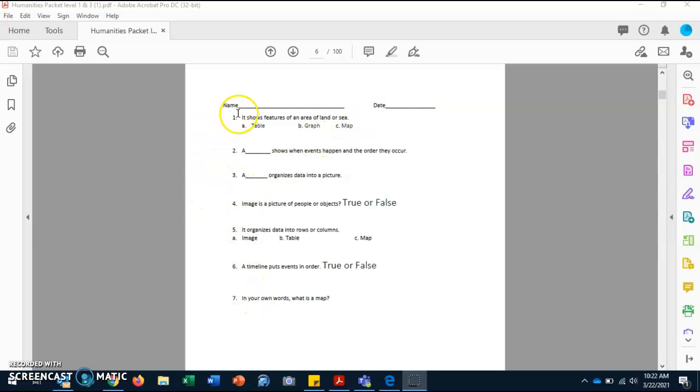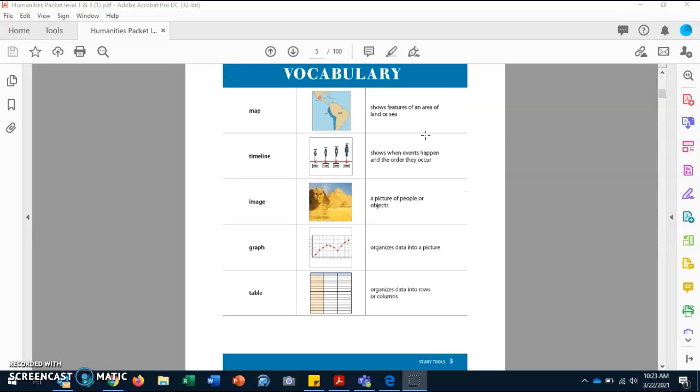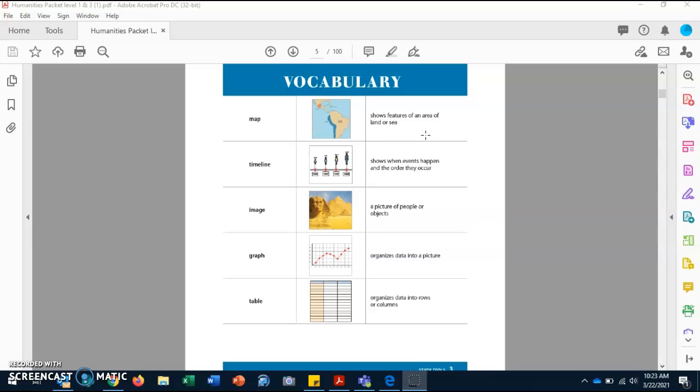So for question number 1, it says, it shows features of an area of land or sea. Is it A, a table, B, a graph, or C, a map? And if you do not remember, it is okay. We can always come back to our vocabulary. And map was one of our answer choices.